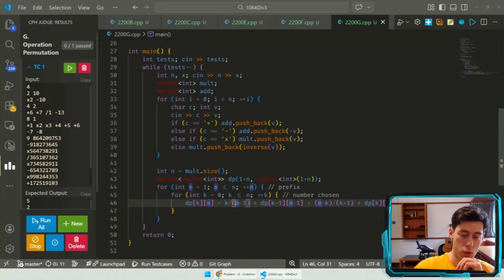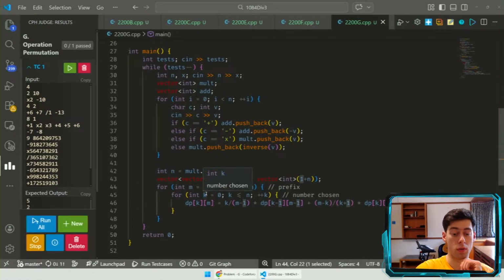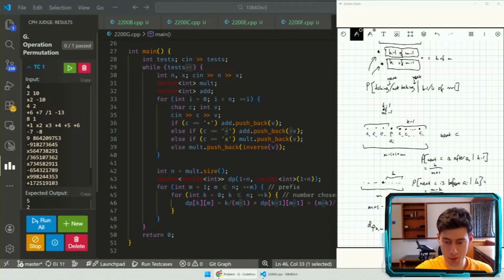So if m minus 1 is 0, that's an issue, actually. So if m is 1, that's the only one. Oh, it's m plus 1. Wait, something in this equation is wrong. First of all, I copied it over wrong.